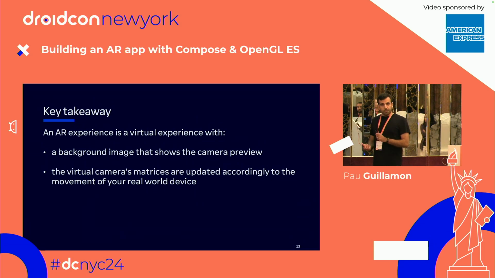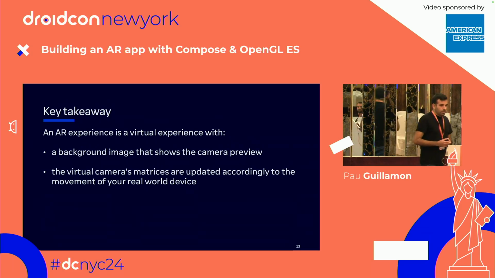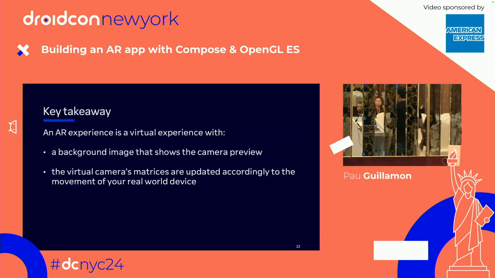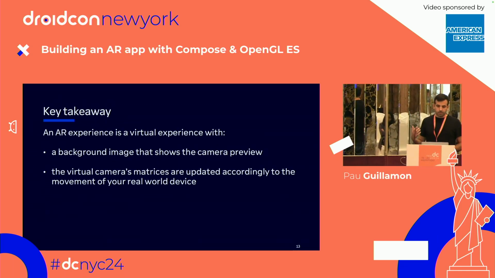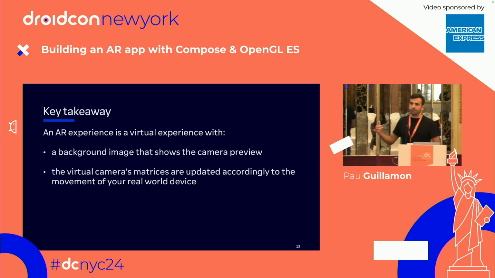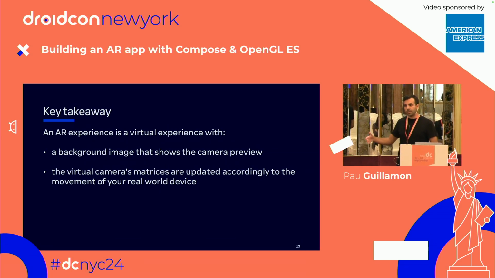From a rendering point of view, this is just that, a virtual scene that has a background image, and the virtual camera is updated with the same movement as the real world device is moving. Maybe some of you are thinking, yeah, that's obvious. I think it's very powerful to think of it that way, because there are many frameworks nowadays that try to enforce things like always rendering full screen the AR experience. You don't necessarily need to do that.